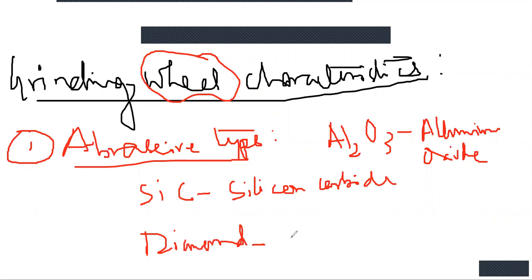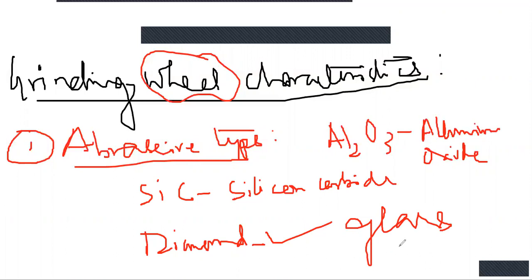Diamond is the hardest material substance we already know. It is used for cutting material or removing material from the parent metal for hard materials such as glass. If we want to cut glass materials, then we use diamond.